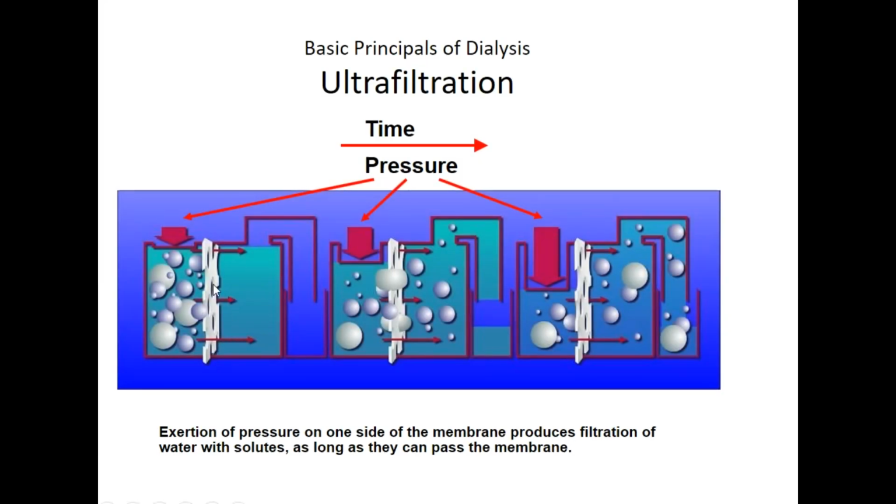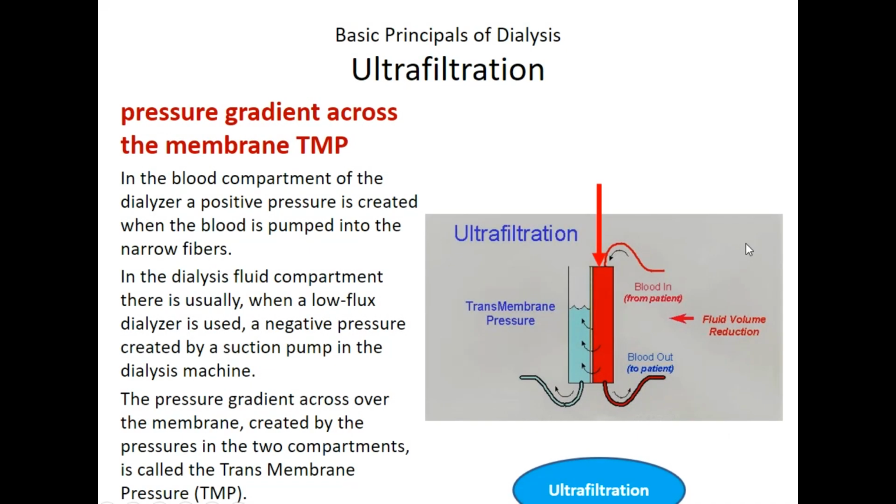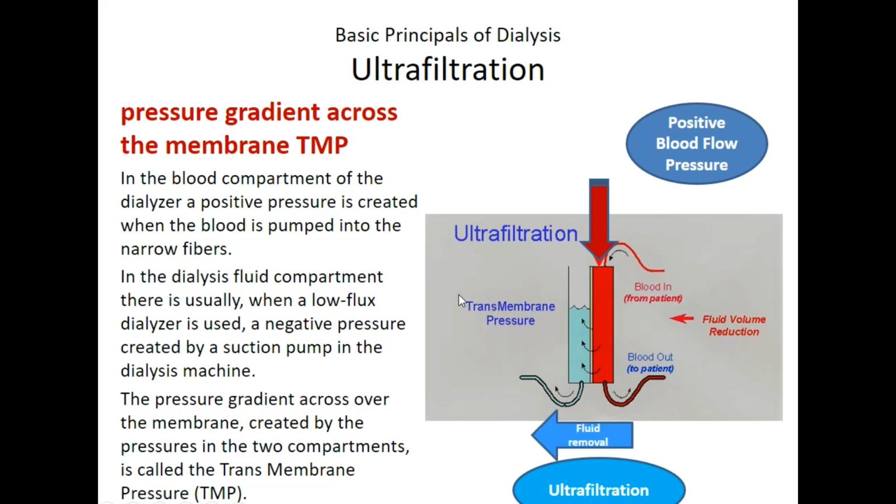So exertion of pressure on one side of the membrane produces a filtration of water with solids as long as they can pass through the membrane. In the blood compartment of the dialyzer, a positive pressure is created when the blood is pumped into the narrow fibers. In the dialysis fluid compartment, there is usually a negative pressure.